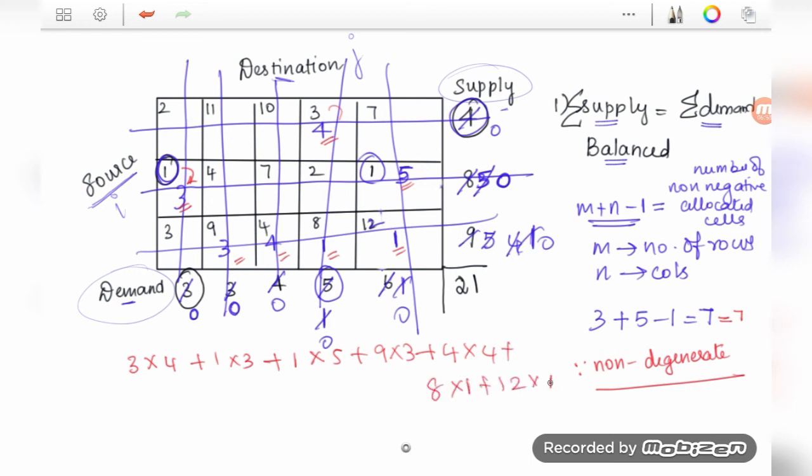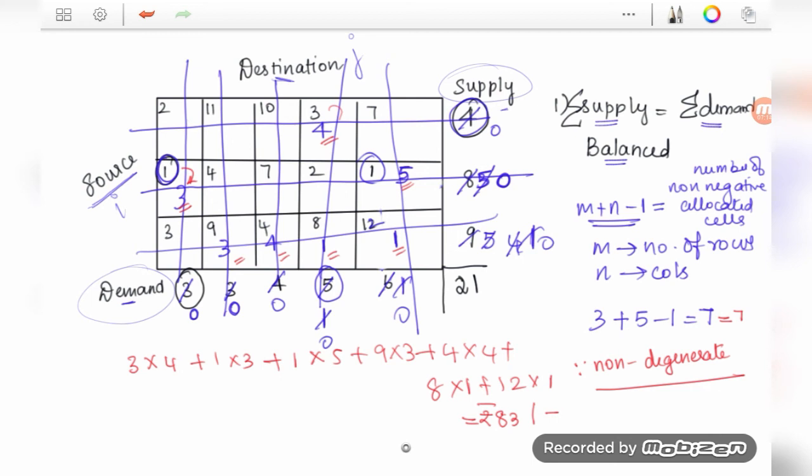This is what you're going to do here. You'll get the value as 83, which is rupees 83. So this is what the problem is, and this is the least cost method that we followed.